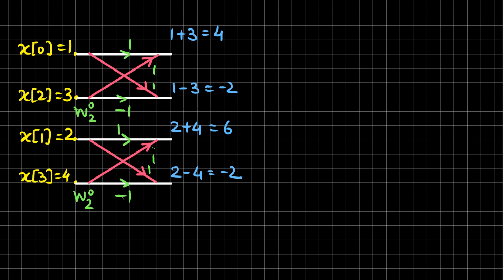So this is the stage 1. And now using these values we need to go ahead and find the stage 2, that is the next stage with two 4-point DFTs.